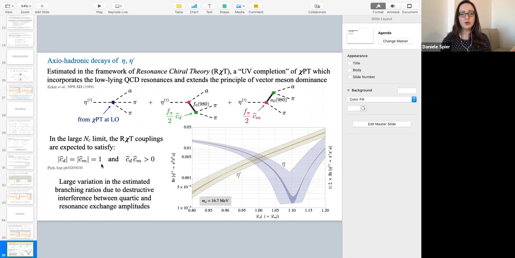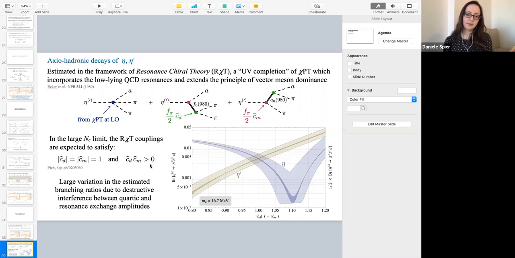You can try to use large N_C limit arguments and also try to get some input from experiment to argue that the natural range for these couplings, which I parameterize in this funny way by making it dimensionless, the natural size for these couplings here, c_d hat and c_m hat, should be of order 1.